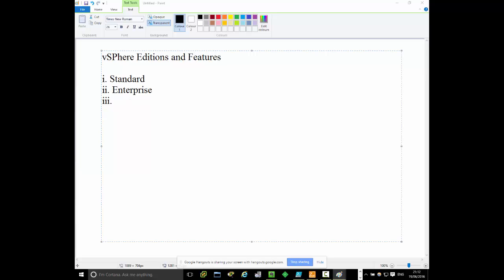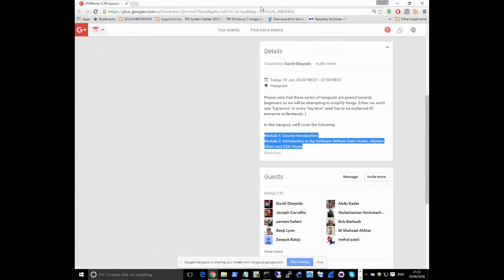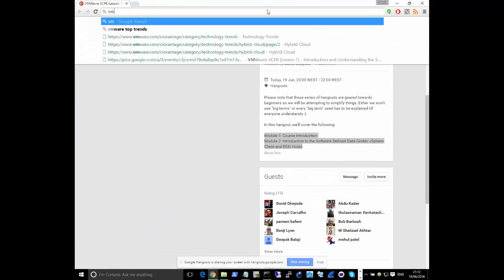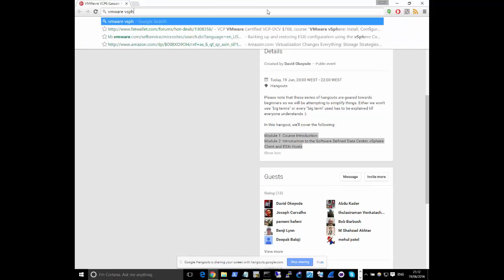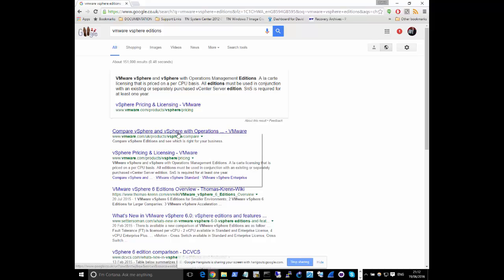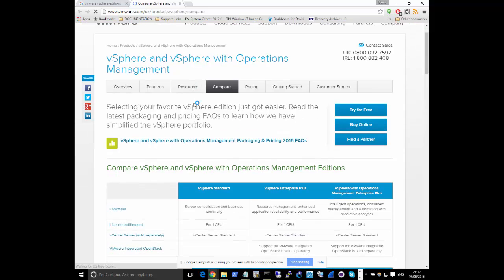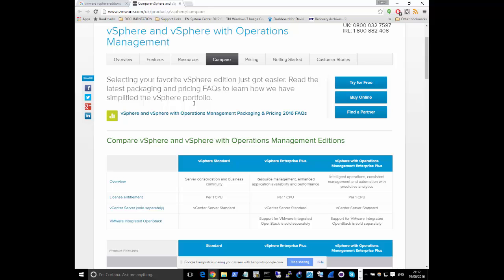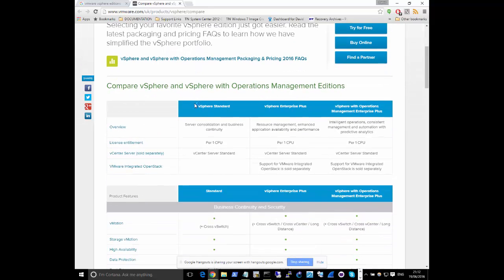So let's go to Google and search VMware vSphere editions. I think we still have the Enterprise Plus. If I'm right, yes, we still do. So we have the Standard, and then we have the Enterprise. I can't see the Enterprise here. Oh, so it seems as if it's just VMware vSphere Standard and VMware vSphere Enterprise Plus.